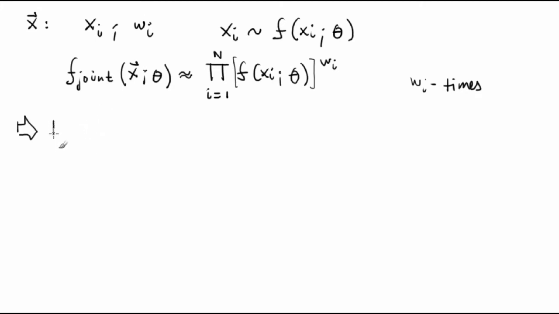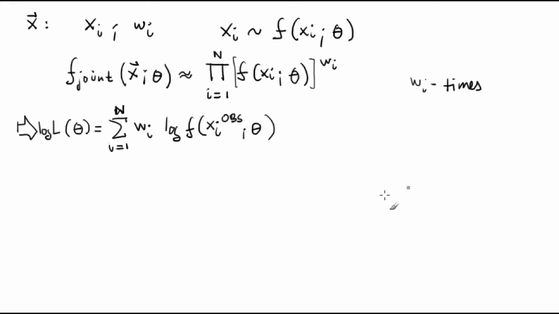Also, one could view it on the log likelihood function that becomes a weighted sum of the log likelihood functions corresponding to the individual events. Log L of theta equals the sum for i going from 1 to n of w_i times log of f of x_i obs with parameter theta.